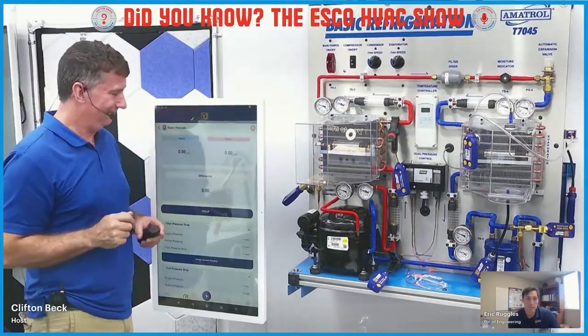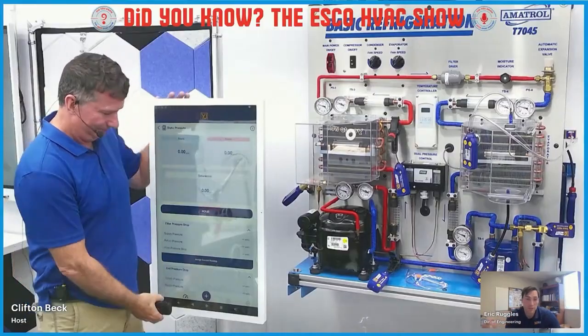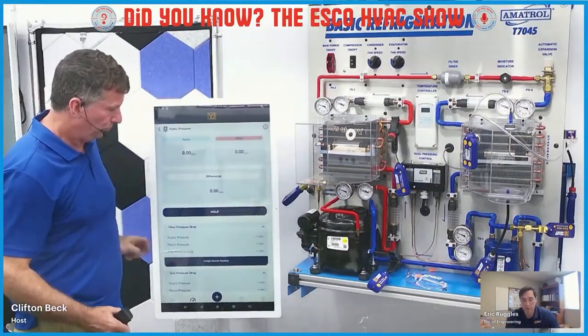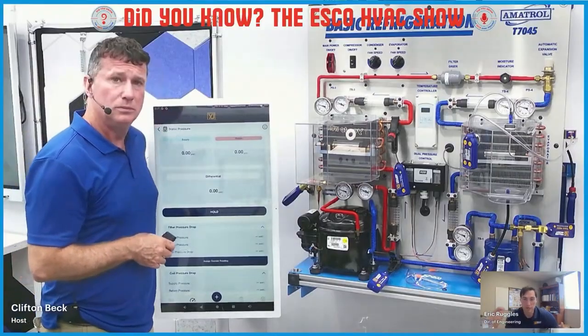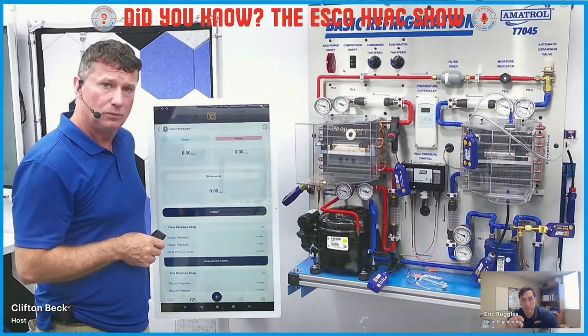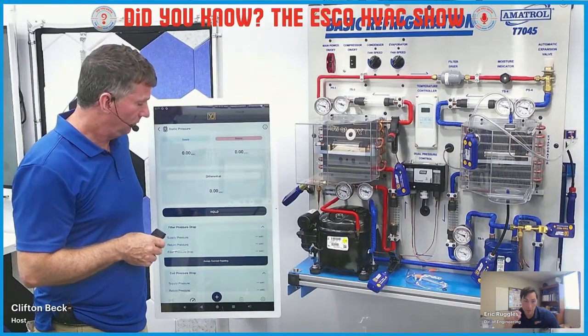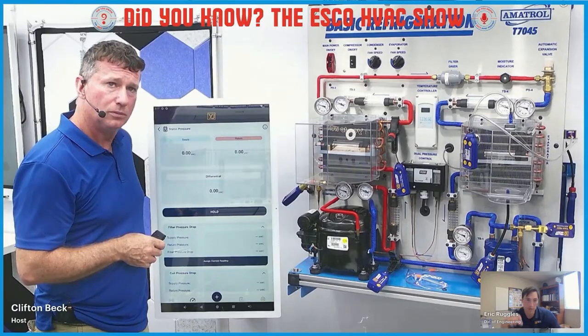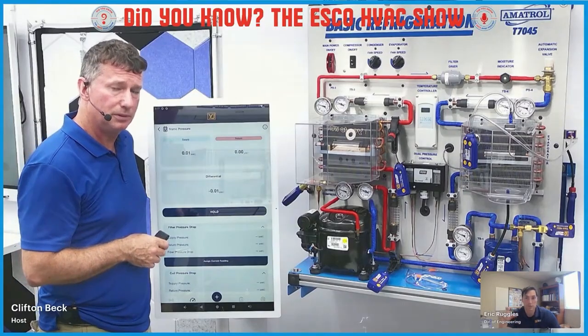So if you're going to take multiple readings across the system, you can do differentials, or ambient pressure to inline stream pressure, however you want to do it. We saved a few options in there, so you can hit hold on a reading and then scroll down and say, this is your filter pressure drop, or this is your coil pressure drop, or this is your total static pressure, and you can save those.